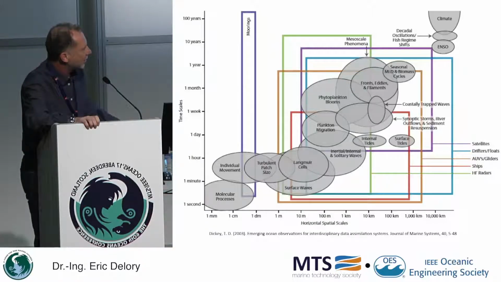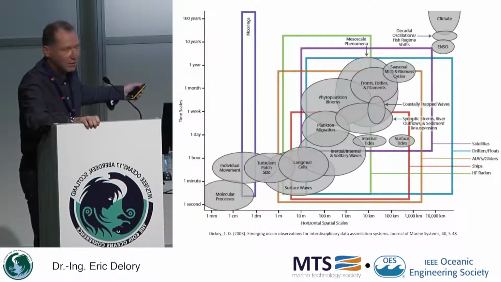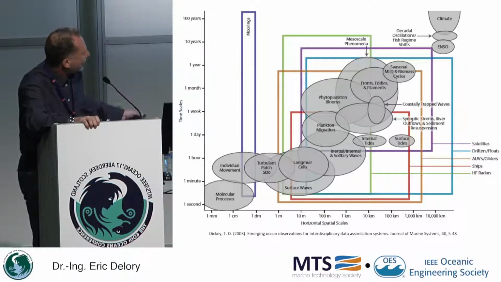So here from the bottom down, you would have the molecular processes, and top right, climate. And so in the middle, you have all sorts of processes taking place, from tides to plankton migration, fronts, eddies, filaments. This has been extracted from decade 2003, by the way.